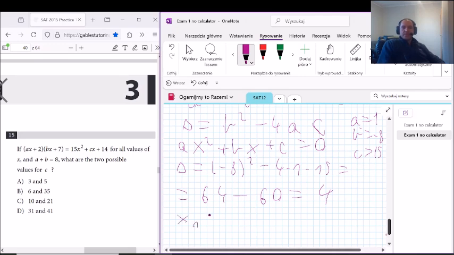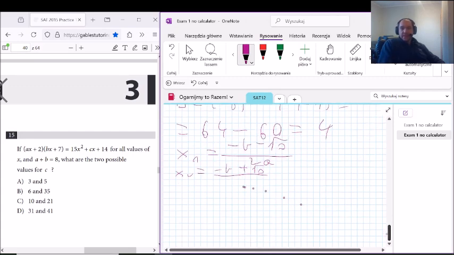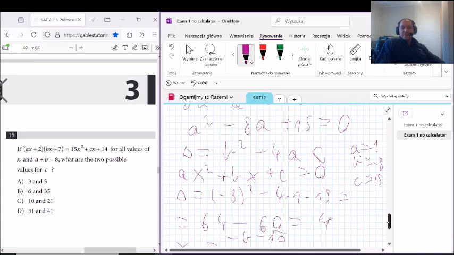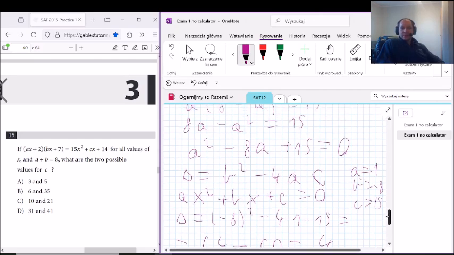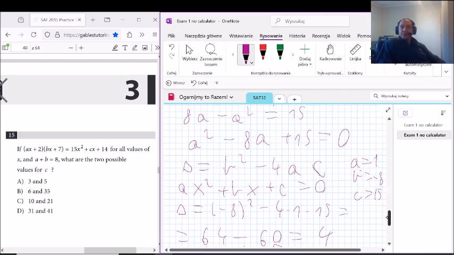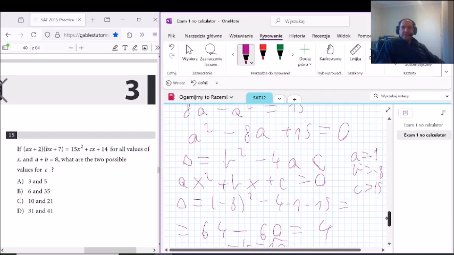Normally it would be x1 equals minus b minus square root of delta divided by 2a, and x2 equals minus b plus square root of delta divided by 2a. In our situation, I would rather call it a1 and a2 because our variable is called a, so as not to be confused with some x.